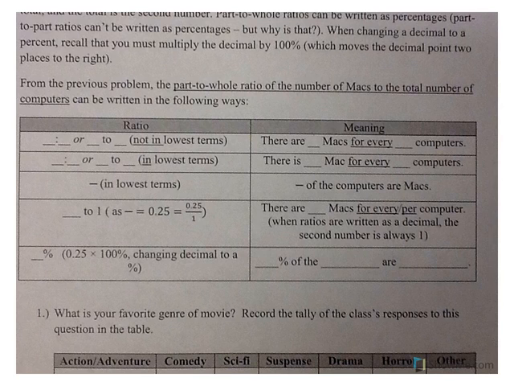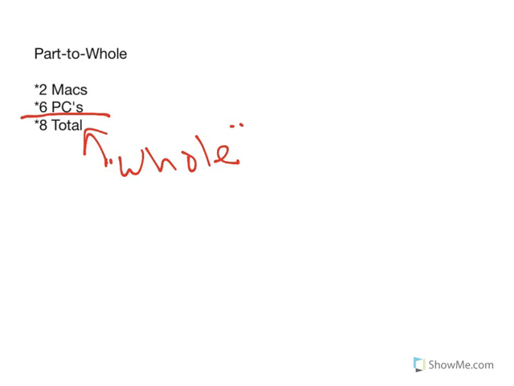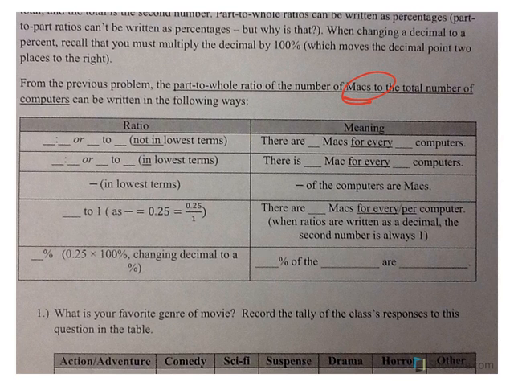So when you have part to whole, you can see that we have 2 Macs, 6 PCs, and that gives us 8 total. So the total would be the whole, if you will, because that's all of them. So when I look at this, I want to talk about Macs. So we know there are 2 Macs, and that's what we're going to use. So there are 2 to 8, 2 Macs out of every 8 computers, or 2 to 8, right?